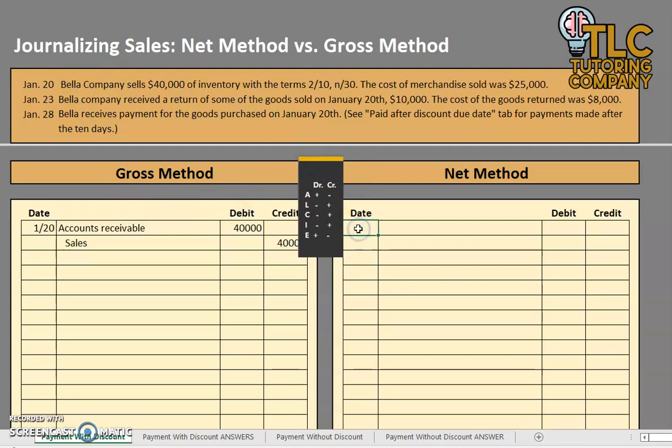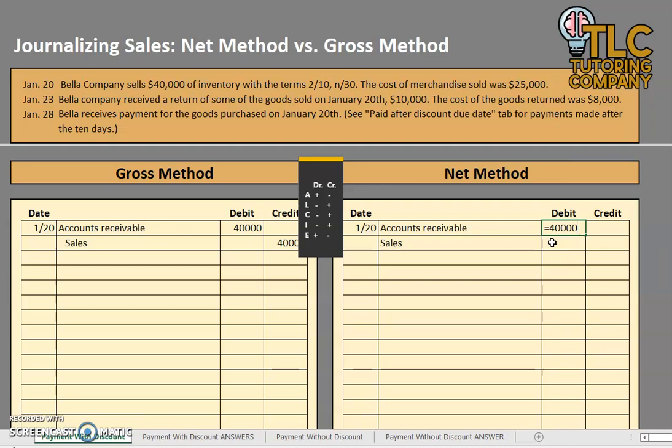However, if we're doing the net method, we're using the same accounts, so still accounts receivable and sales. However, in the net method, their assumption is that the buyer will take the discount. So rather than reporting simply 40,000, they are going to take the discount out of that amount.